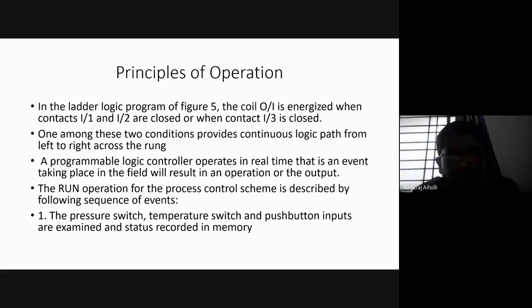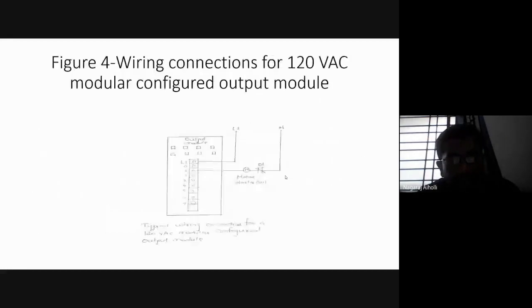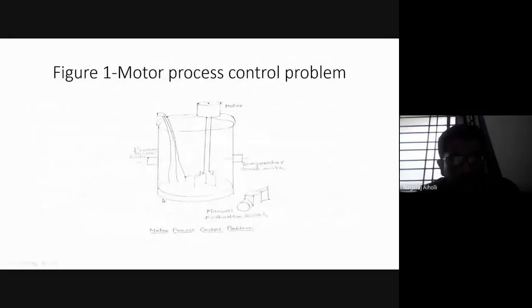It does that only when it has identified the inputs. What is the process control problem that we are studying? It is stirring of the liquid in the vat, correct? Now, when does the motor start stirring the liquid or rotating the liquid in the container?